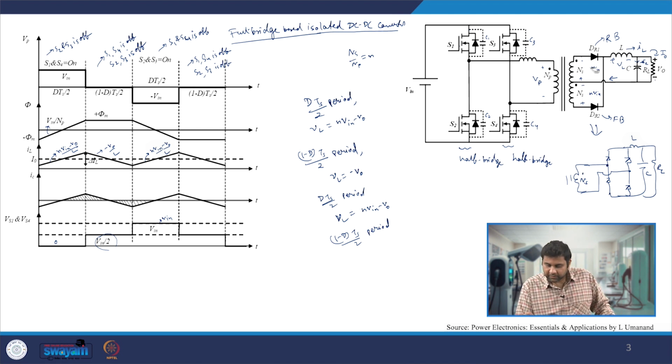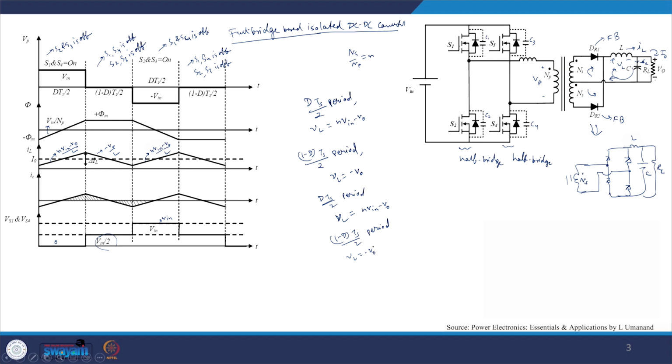That's when it will start flowing through the top winding and the bottom winding, and both the diodes will get forward biased, and half of the current will be divided into both the windings. As a result, in this particular loop, VL is nothing but minus Vo applied across the inductor.